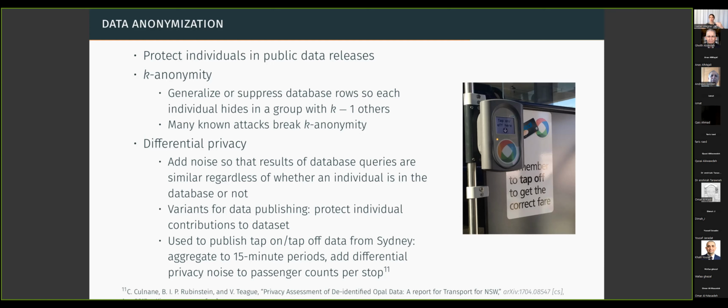And to do that, maybe we modify our database rows a little bit or remove some. The problem with that is that it's been shown to be broken many times. So even if you k-anonymize a database, there are still useful things an attacker could find out. A newer approach for that is called differential privacy.